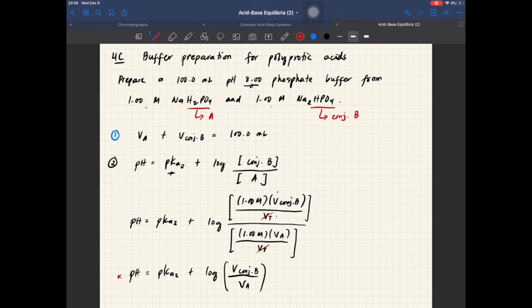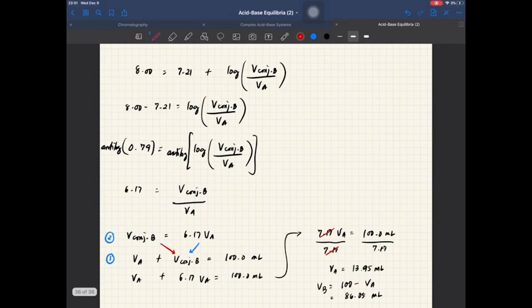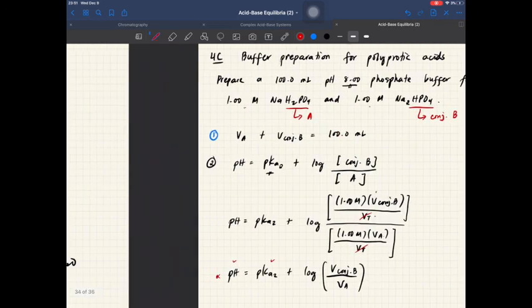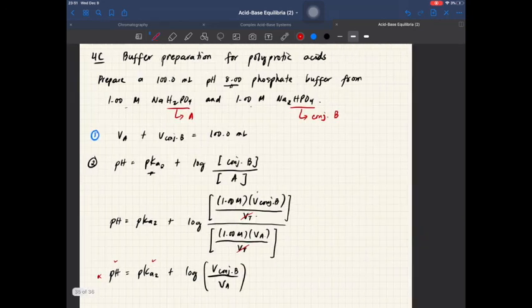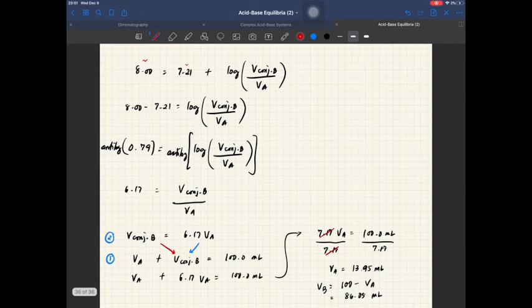Supplying the values, pH of 8 and pKa of 7.21, plus log of the volume of conjugate base over volume of weak acid. Transposing, we get 8 minus 7.21 is equal to log of V conjugate base over V acid.